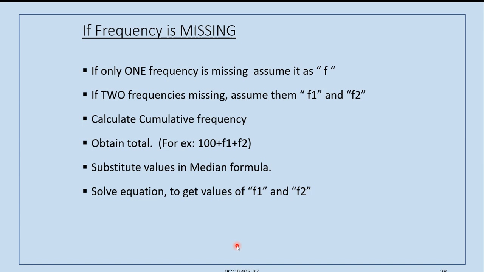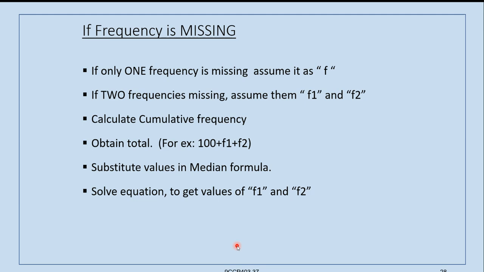Till now, in the problems we have seen in the last lesson and in this lesson up to this point, no data is missing, and everything is calculated and the median is calculated.